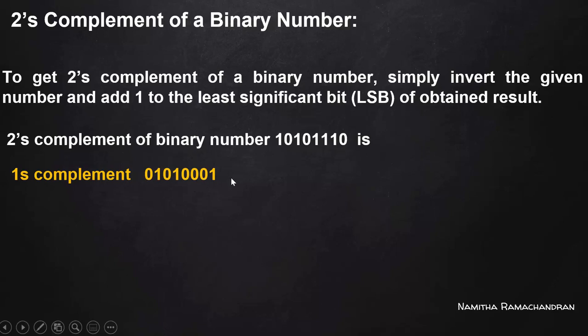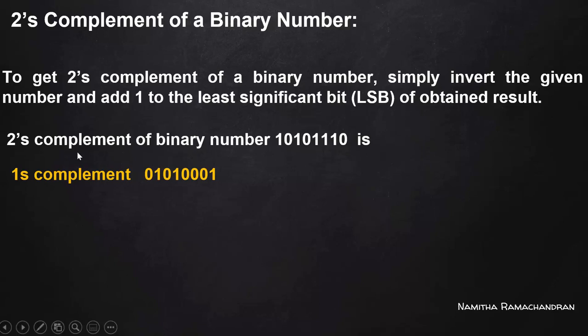So this 0 becomes 1 here. These three 1s become zeros here, and this 0 again becomes 1. This 1 becomes 0, this 0 becomes 1 and this 1 becomes 0. So this is the 1's complemented form of the given binary number.